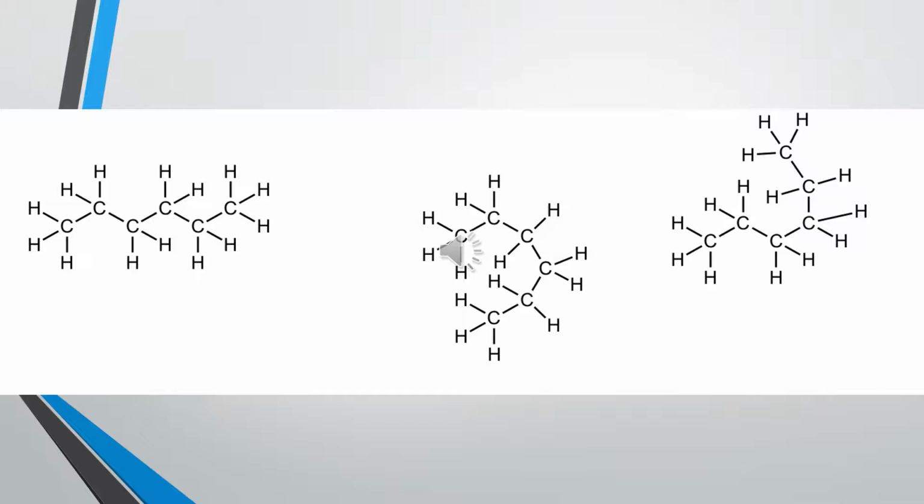No, it turns out that these are 3 identical molecules. They're simply different Lewis electron dot drawings or sketches of the same molecule, which is n-hexane. And in the middle structure, I've kinked the chain to make it turn back on itself.